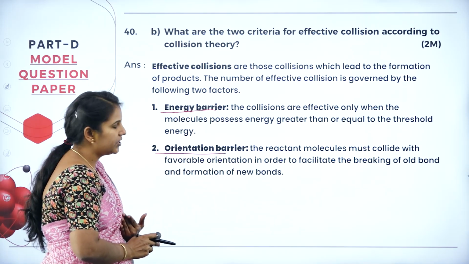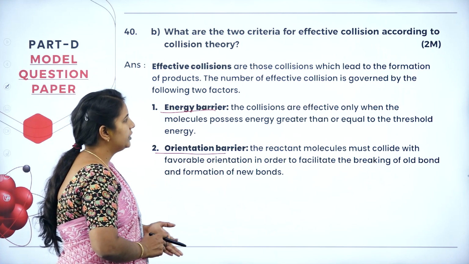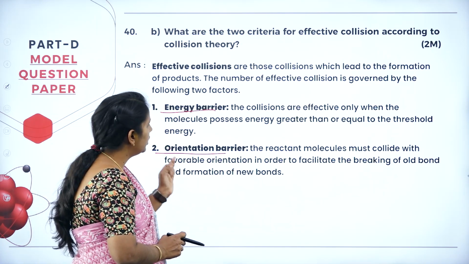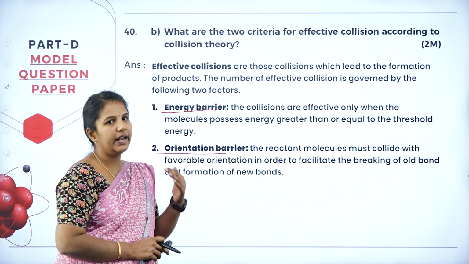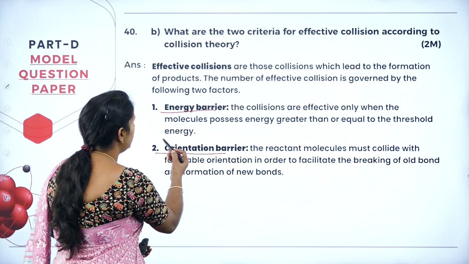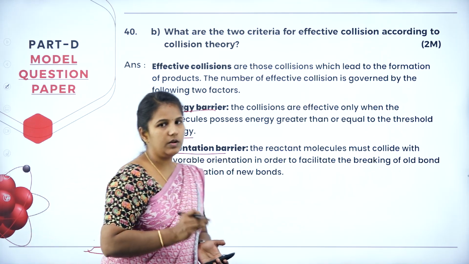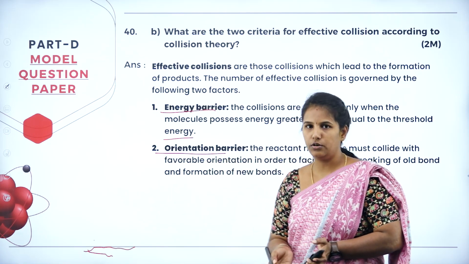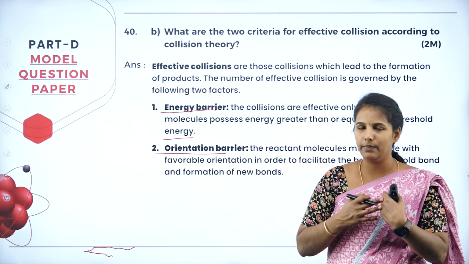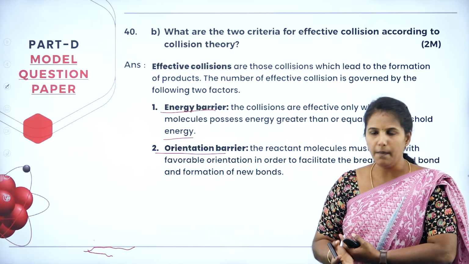What is meant by the energy barrier? The collisions are effective only when the molecules possess an energy which is greater than or equal to the threshold energy. If the energy of the molecule is greater than or equal to the threshold energy, then the energy barrier will be broken down, so it can easily form a product.